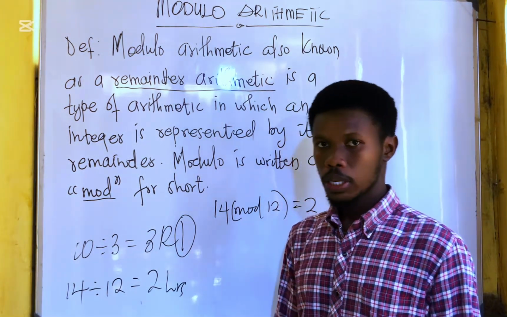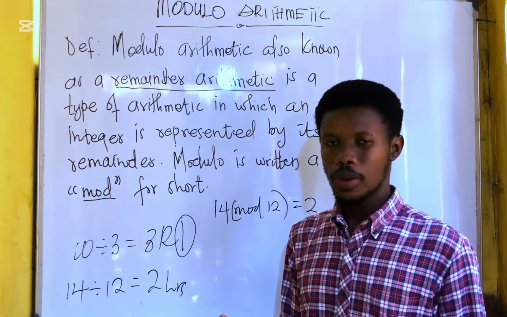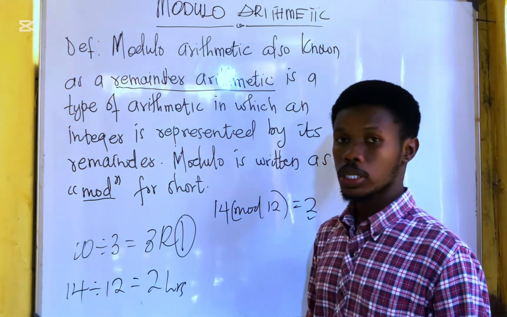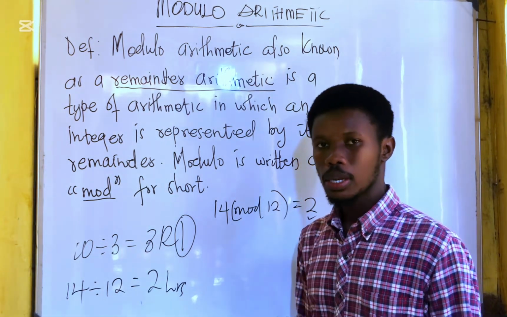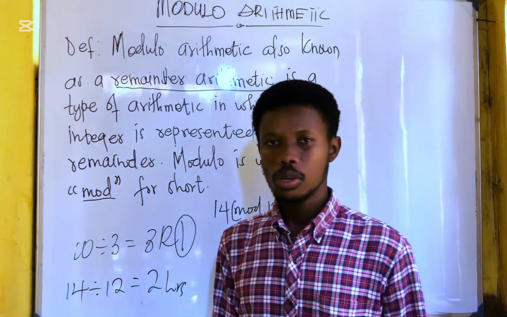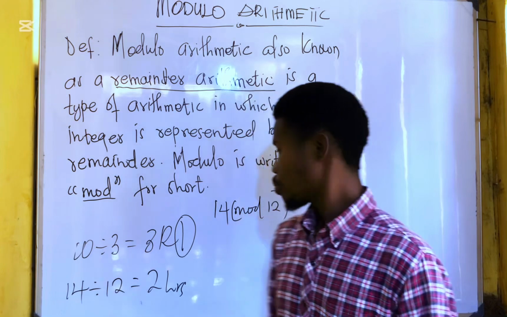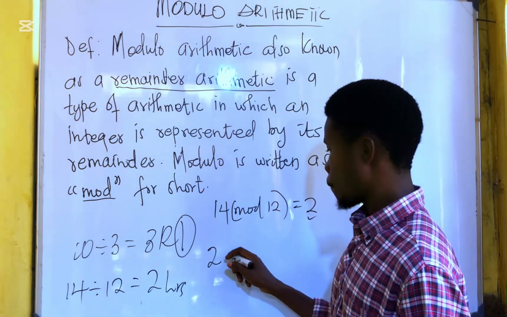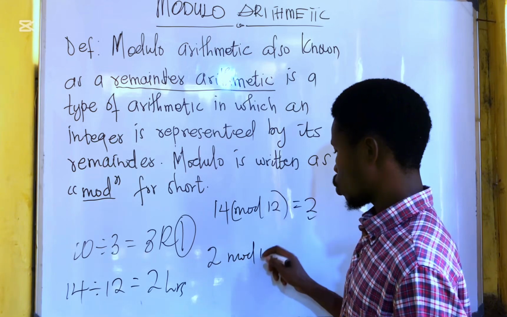Is that okay? We have another way of doing it without dividing. You can also keep on subtracting. So when I subtract 12 from 14, I get 2. Now somebody will ask me this question. What if I have 2 mod 12?